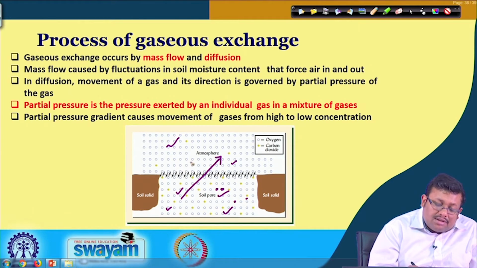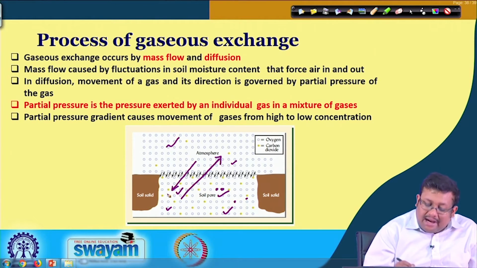In case of oxygen the trend is opposite, because the partial pressure of oxygen in atmospheric air is higher than that in soil air, and as a result oxygen will diffuse inside the soil. So, this is called partial pressure gradient, and this gradient is the force that drives the gases to diffuse from atmospheric air to soil air and from soil air to atmospheric air.